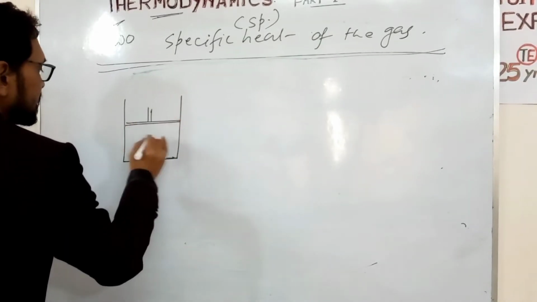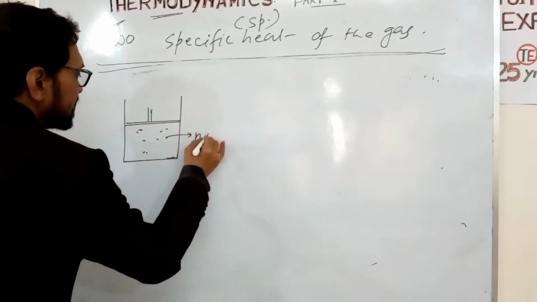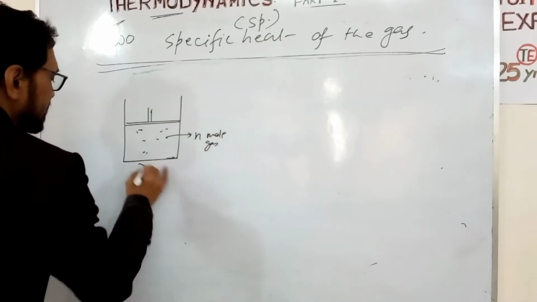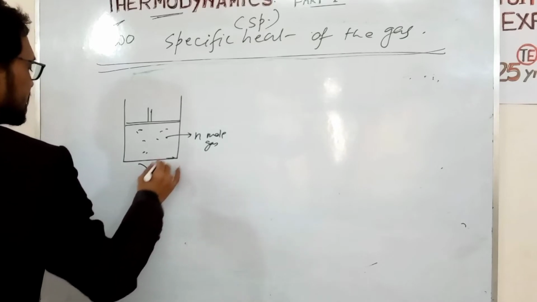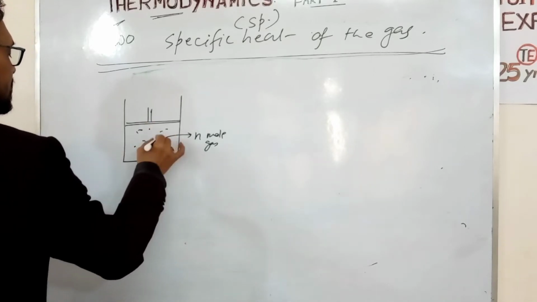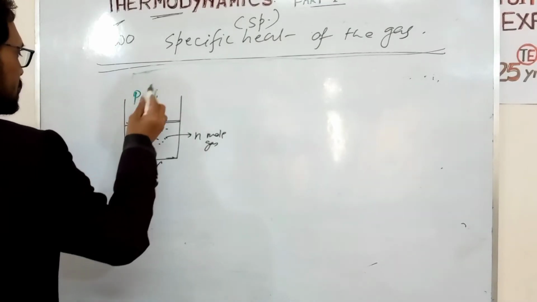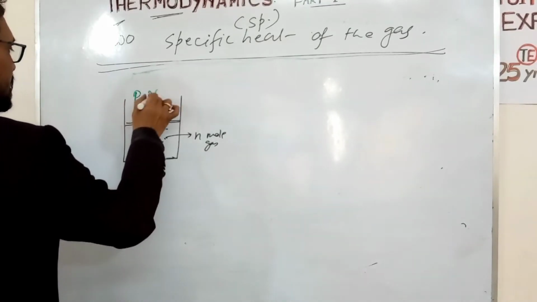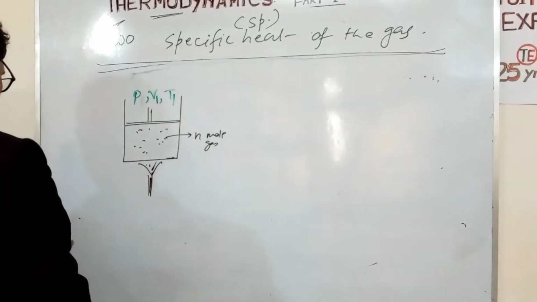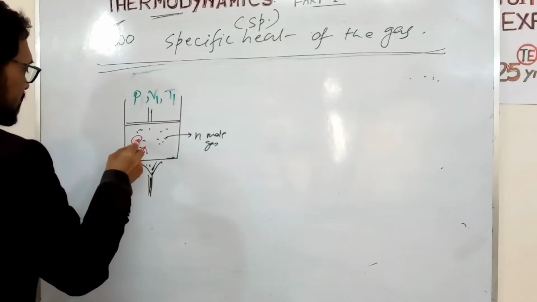Suppose n moles of gas are present, and heat is supplied here. The pressure is P, volume V1, and temperature T1. Q is the heat supplied to the system.